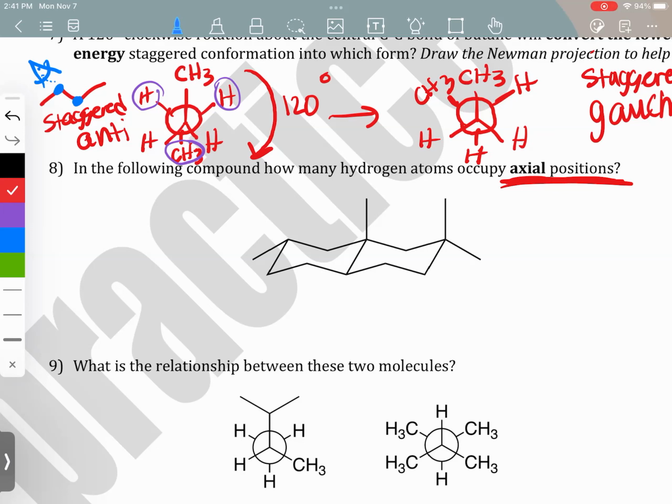So where are these carbons? Does this carbon have an axial hydrogen? Yes. Right. Up or down? Down. Right, because we see our carbon pointed down. So you'll have a down axial hydrogen there. What about this carbon? Any hydrogens? Yes, an up hydrogen. Right, up.